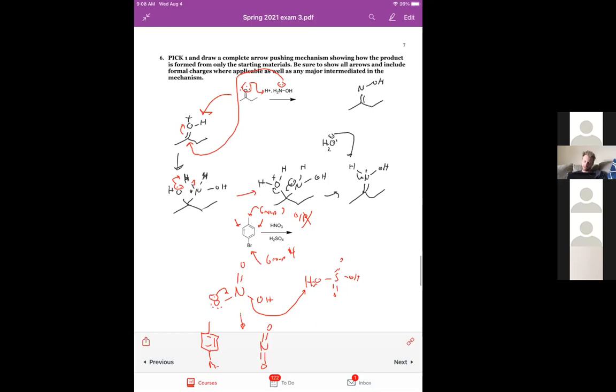Our aromatic ring can then attack it from the ortho position. And then we can pull off that last proton in order to generate our final product.